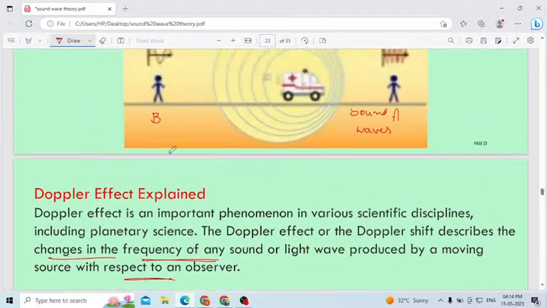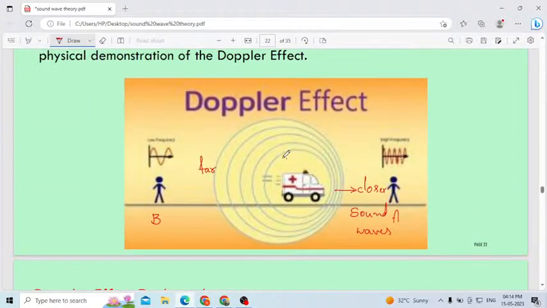Here, which one is the source, which one is the observer? This one is the source. Then here, this boy is the observer. This boy is also an observer.